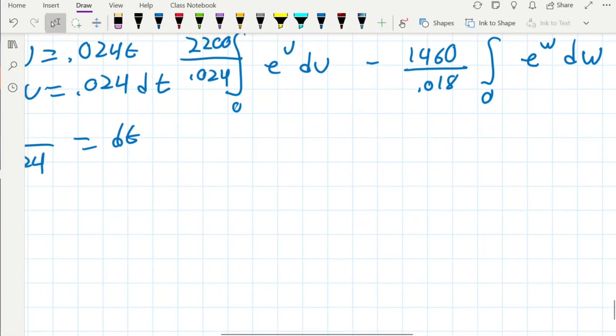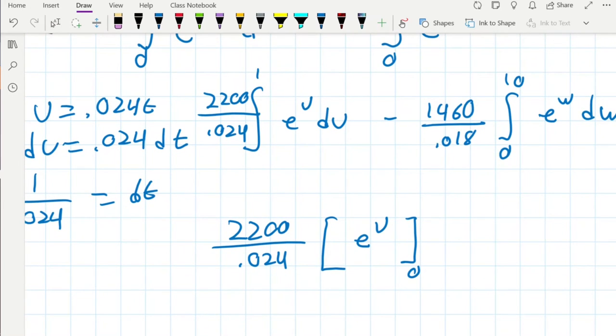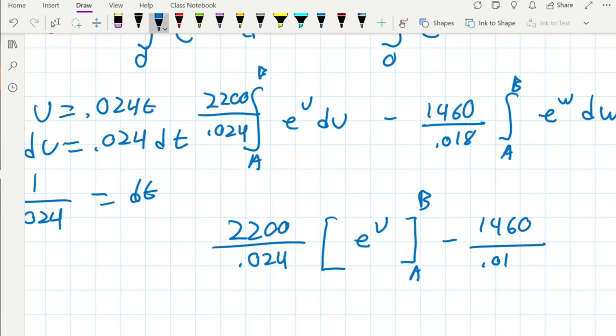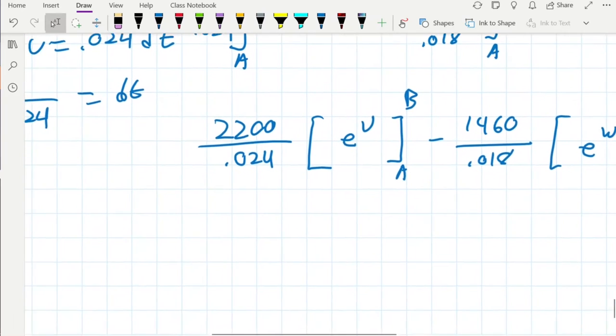So then we can take the integrals. Oh, we don't need that, we just need the evaluation. And the limits are no longer 0 to 10 until we get them back, so I'll just put alpha to beta. Then we can resubstitute back in.